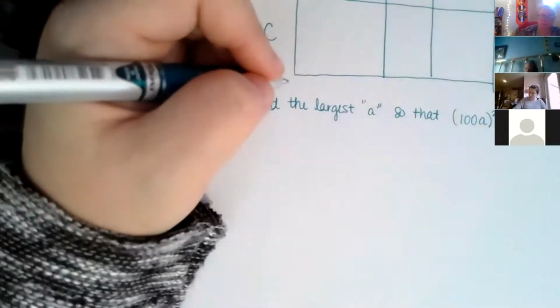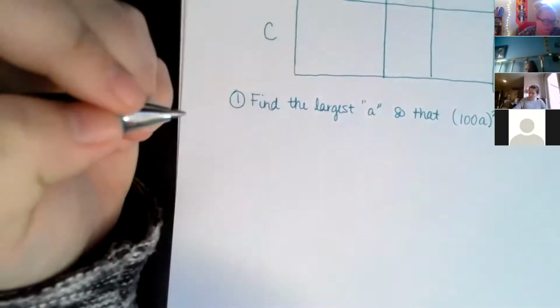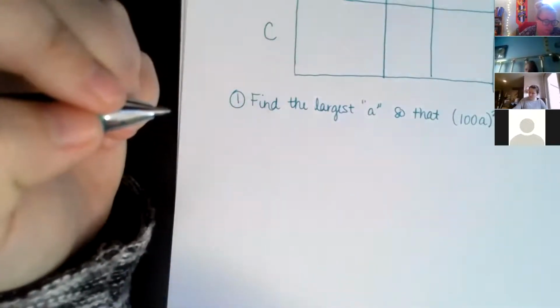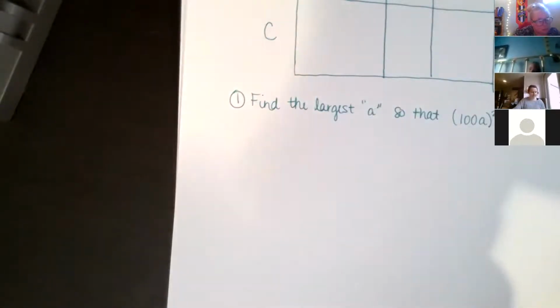Obviously if we make it 10... do I have a square button on?